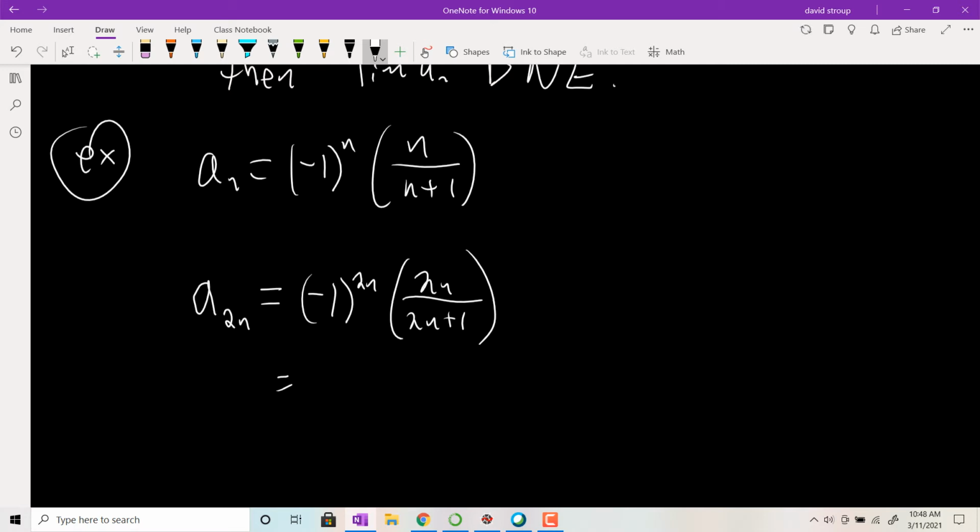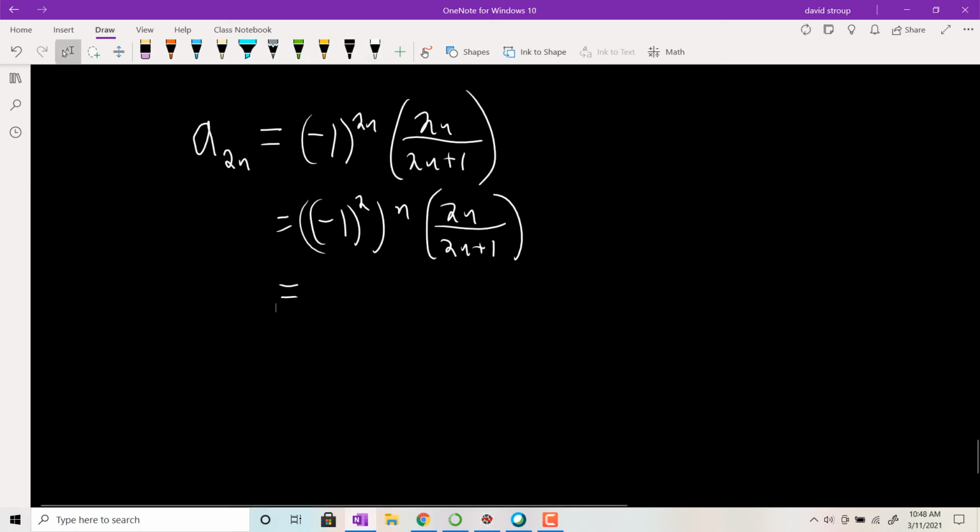So what is that? Well, -1 to the 2n is the same as -1 squared to the nth power times 2n all over 2n plus 1. And then -1 squared is +1, and 1 to any power is just 1, times 2n all over 2n plus 1.